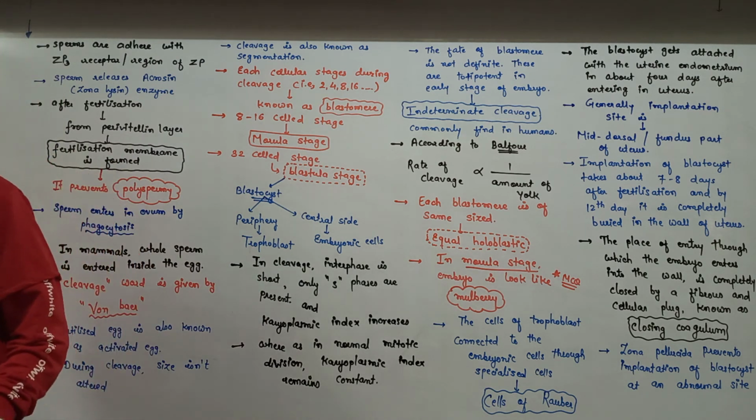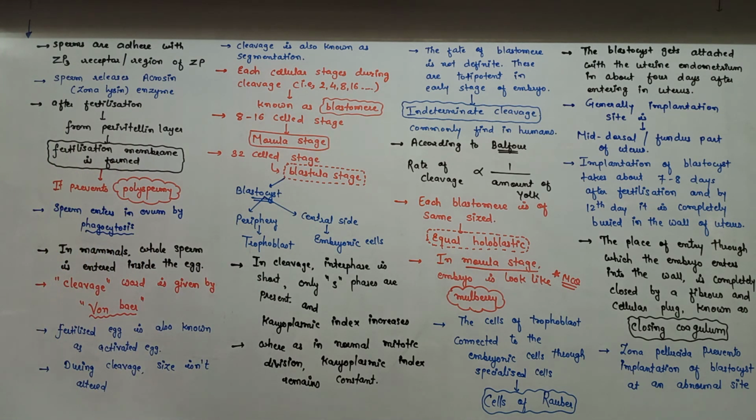After fertilization, the zona pellucida prevents implantation of the blastocyst at an abnormal site. Okay, let us discuss the next topic.